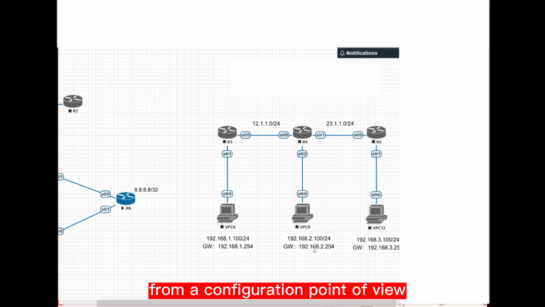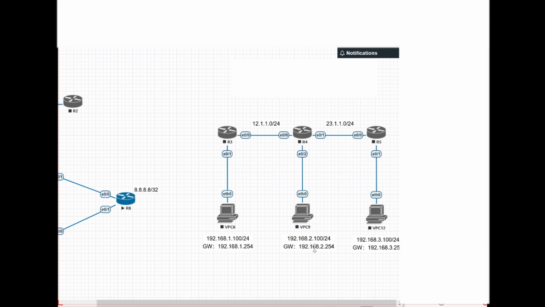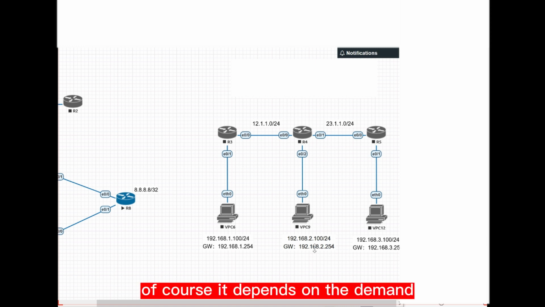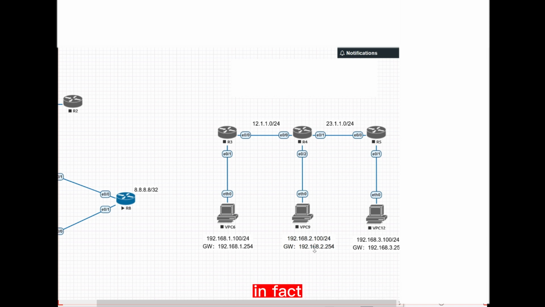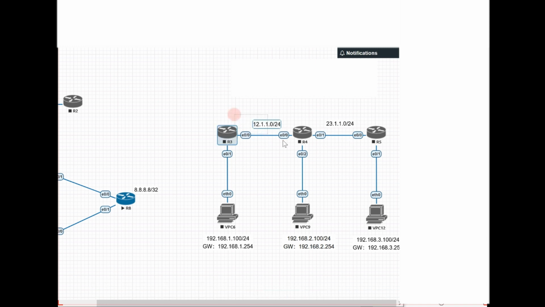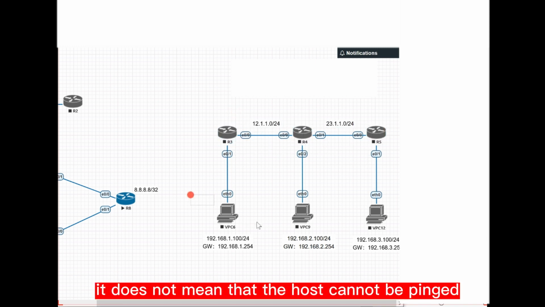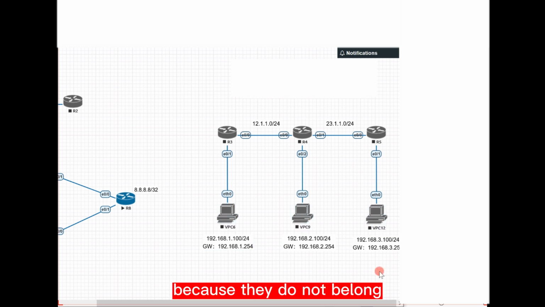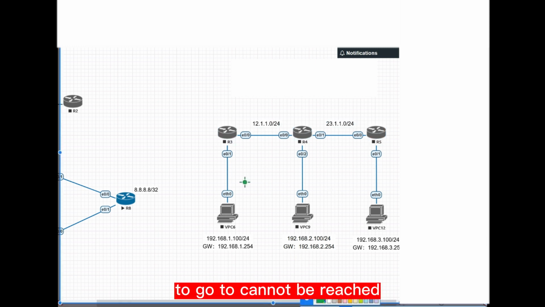This is cumbersome from a configuration point of view. Of course it depends on the demand. If you only let the PCs communicate, in fact, it doesn't matter whether the middle is connected or not. It does not mean that the host cannot be pinged, because they do not belong to the same network segment. The specific network segment to go to cannot be reached depends on the routing table.